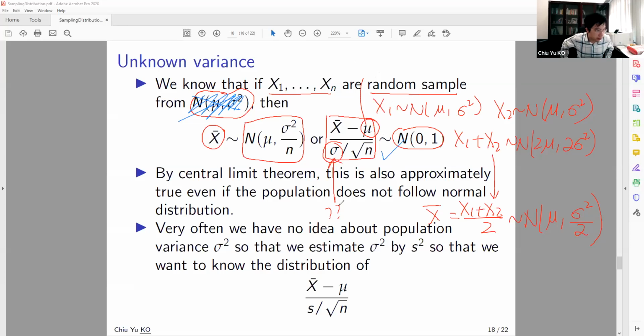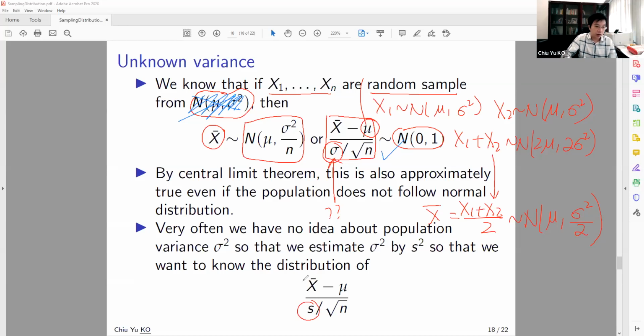The sample mean is easy to calculate because we know the sample mean is unbiased. So if we take a lot of samples and a lot of averages, then we have some idea of the sample mean. But the variance is sometimes something we don't know. And very often it's very natural to replace this population variance by the sample variance.